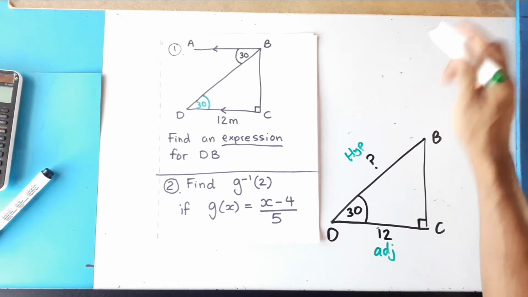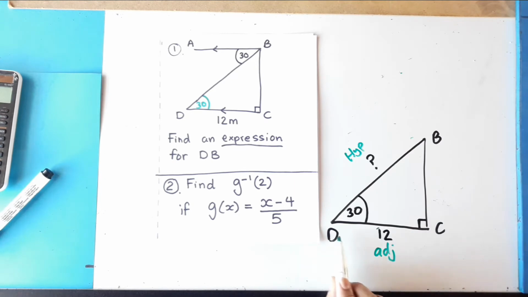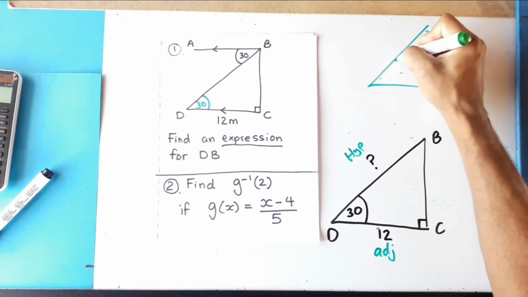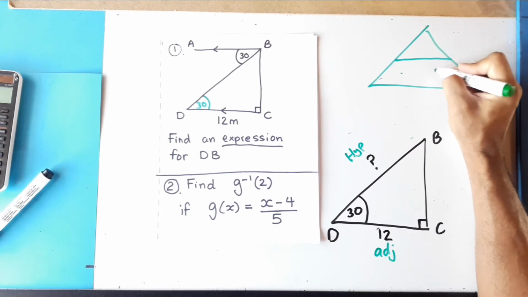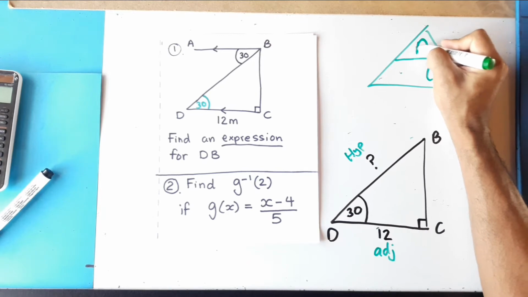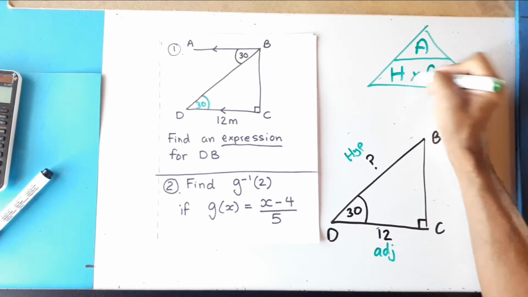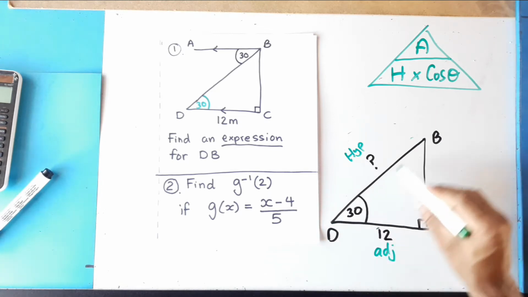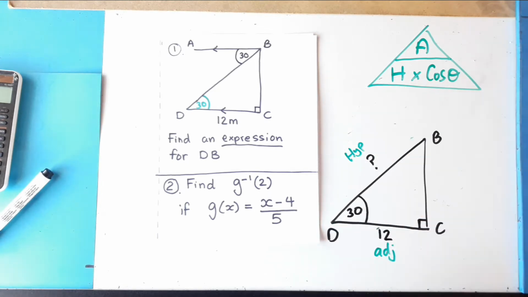So if I'm standing here, this side is my opposite, this side is my adjacent, and the side opposite the right angle is my hypotenuse. So it seems that I've been given information on the adjacent, and they want us to find DB, which is our hypotenuse. So the opposite has nothing to do with this question. So which of the trig formulas has adjacent and hypotenuse? I hope you all remember your trig formulas. You will need it. I believe this is cosine. Cos theta is adjacent divided by hypotenuse, right? They want us to find DB, which is our hypotenuse.